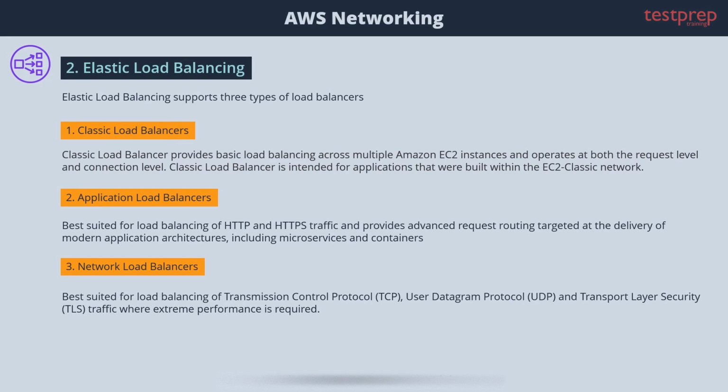Application load balancers are best suited for load balancing of HTTP and HTTPS traffic, and provide advanced request routing, targeted at the delivery of modern application architectures, including microservices and containers. Network load balancers are best suited for load balancing of Transmission Control Protocol, User Datagram Protocol and Transport Layer Security traffic where extreme performance is required.